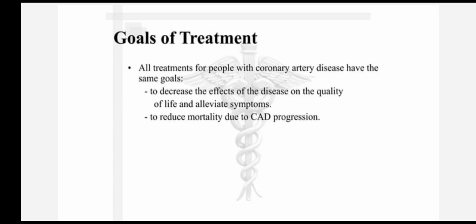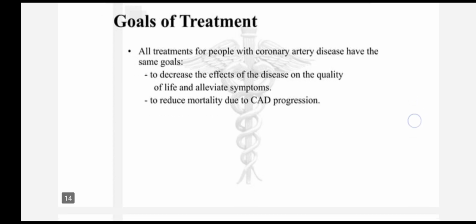Goals of treatment. All treatments for people with coronary artery disease have the same goals: to decrease the effects of the disease on quality of life, alleviate symptoms, and reduce mortality due to CAD progression.